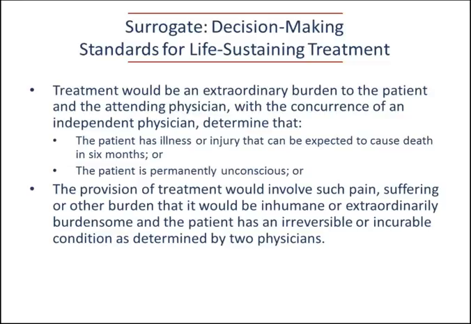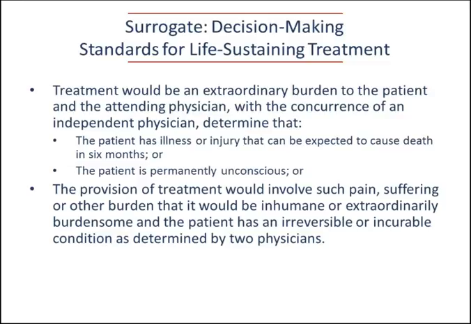The first is that treatment would be an extraordinary burden to the patient, and the attending physician, with the concurrence of an independent physician, determines that the patient either has an illness or injury that can be expected to cause death within 6 months, or that the patient is permanently unconscious. Notice I didn't say persistent vegetative state. The statute says permanently unconscious.